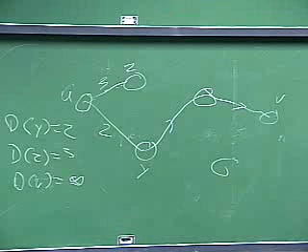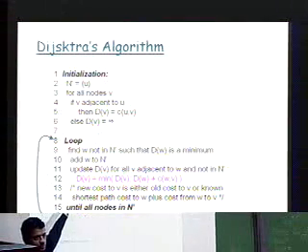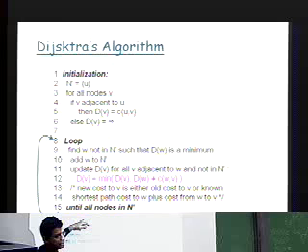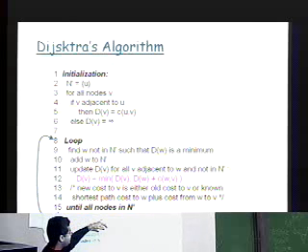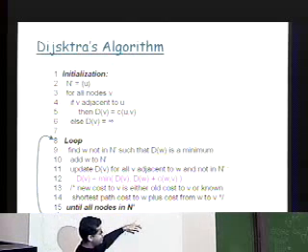So you add your W to the set of nodes for which you know the least cost path, and then you are going to update D of V for all V which are neighbors of W, but they are not in n prime.